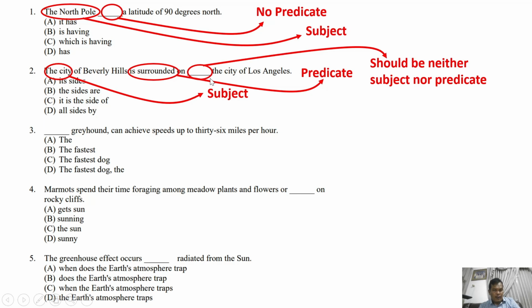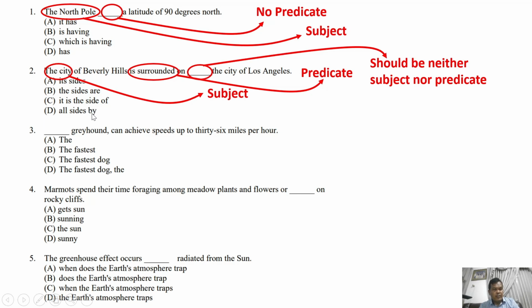This is not acceptable in English structure, because when you have 2 nouns adjacent to each other, this structure is certainly incorrect. Therefore, there should be a marker to separate these 2 noun phrases. The marker can be a preposition, the marker can be punctuation. Now, option D contains the preposition by.